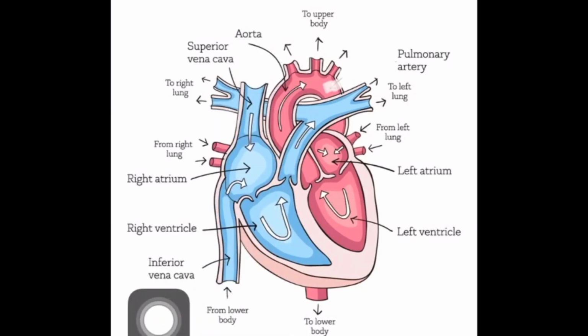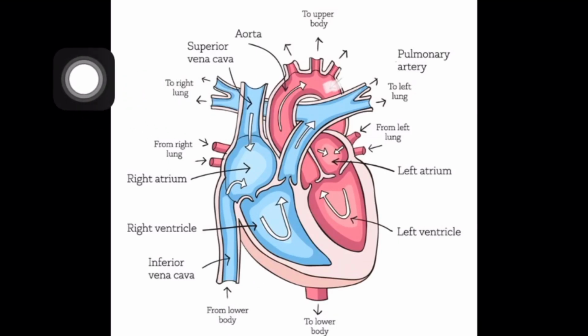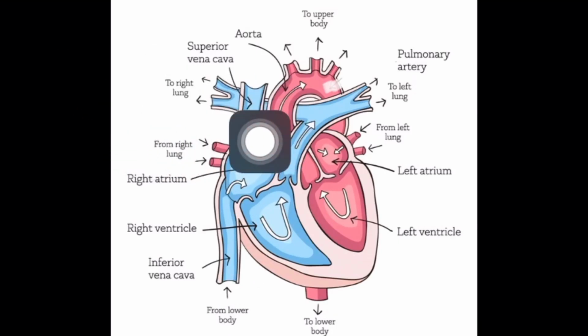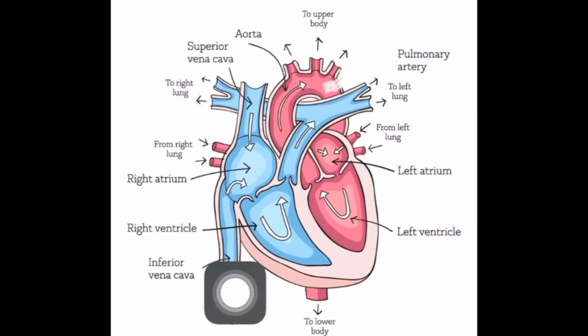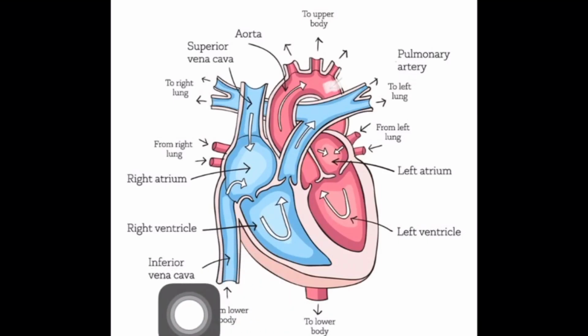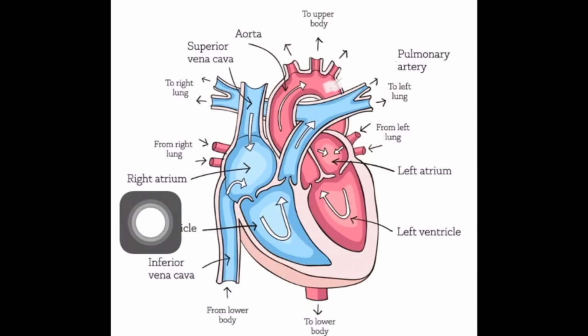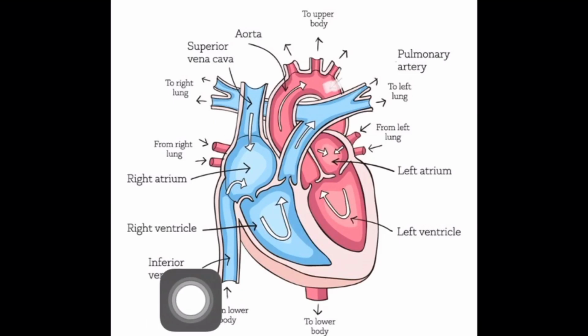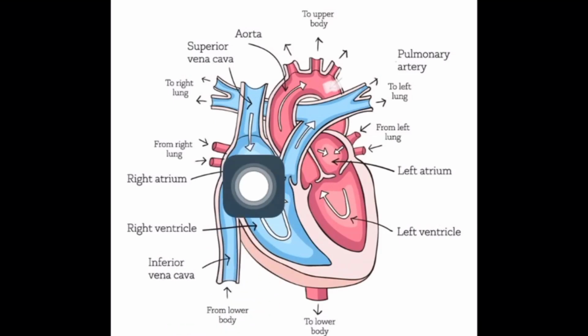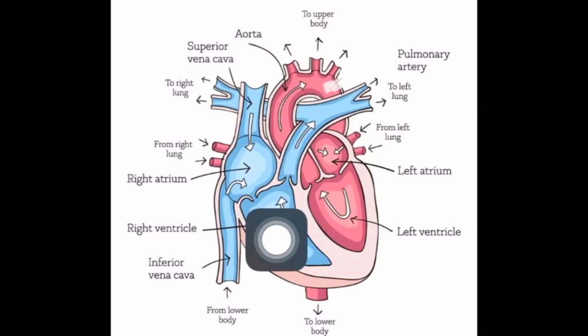All the impure blood collected from the upper and lower parts of the body enters the right atrium through these two vena cava. After the impure blood collects in the right atrium, the tricuspid valve opens and the blood goes to the right ventricle.